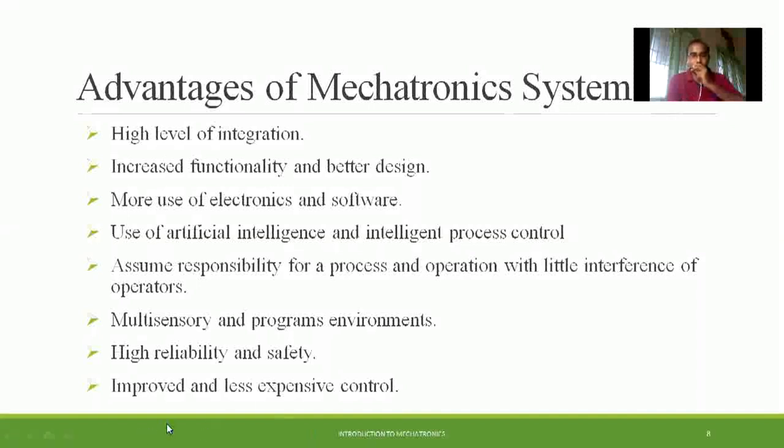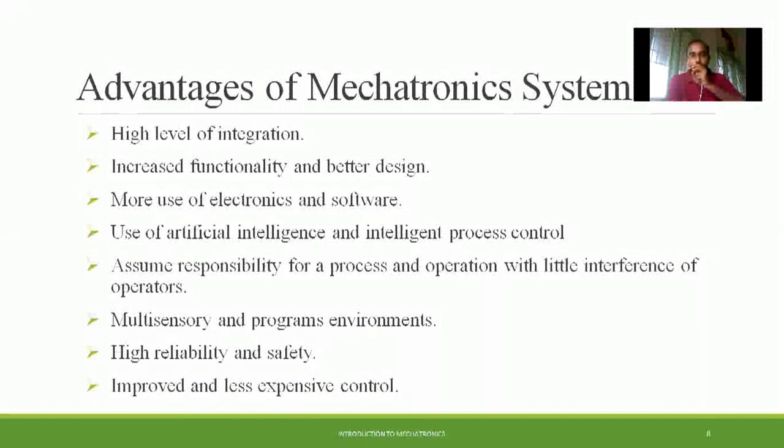It's a major advantage and also reduces cost. It is a multi-sensory and programmable environment, with high reliability and safety, and improved and less expensive control, and hence less expensive overall working. These are the major advantages of the mechatronic system.